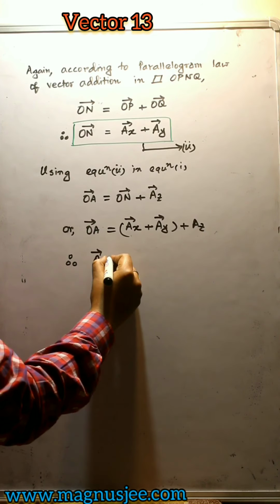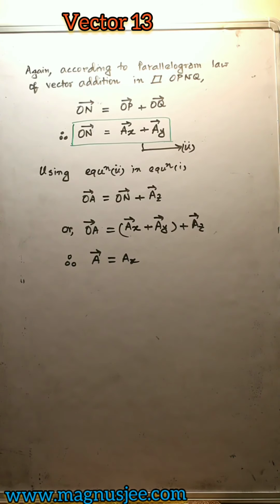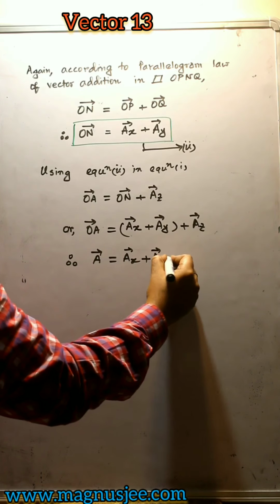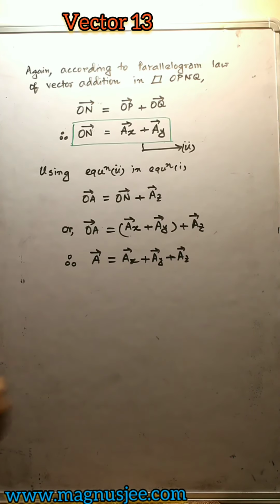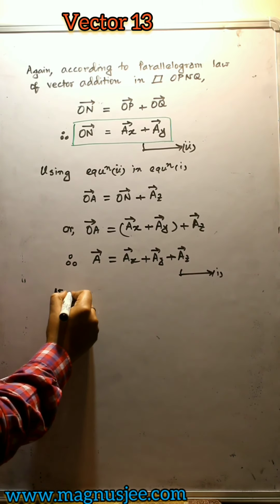Vector OA can be written as vector A, so finally we get vector A as vector AX plus vector AY plus vector AZ. This is equation 3.